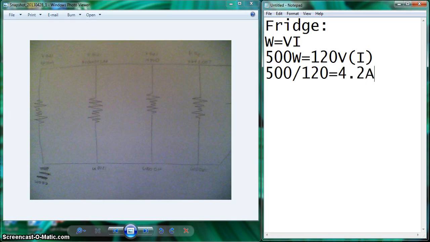The answer that you get from that is the amps, which is the current. A is the same thing as I, which means current.